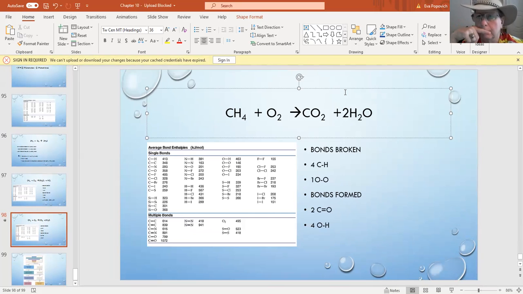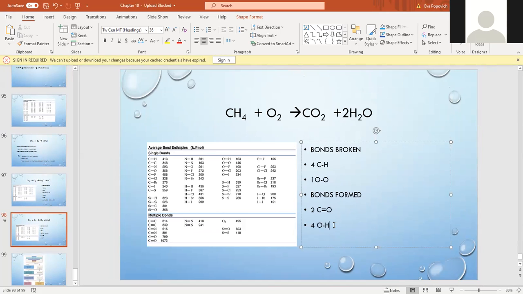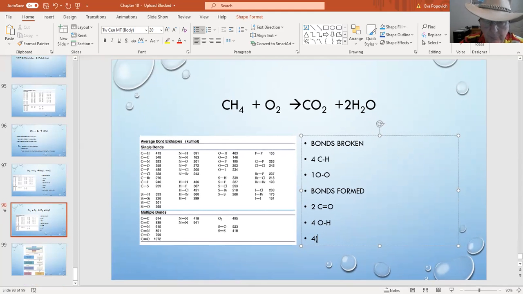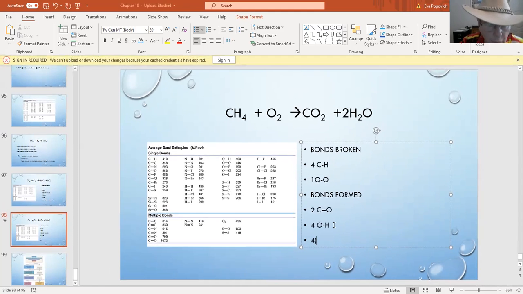463. Do you need to see the numbers written out on this, or are you good with it the way it is? I'm good. Do you need to see the final answers? Will you just show it just so I can put it in my notes? No. So this is 4 times 413 plus 1 times 146, bracket.